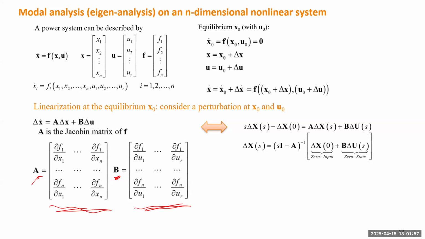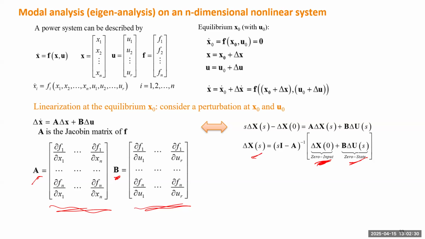The final response of the state vector will be a combination of one, the zero input response, which means if there's no change on the U, only the initial state in the state vector will cause some dynamics. And the second part is, what if the initial state is staying at equilibrium, but we give some change on the input? That will also cause some response. So together they give you a more general response of the state variable.